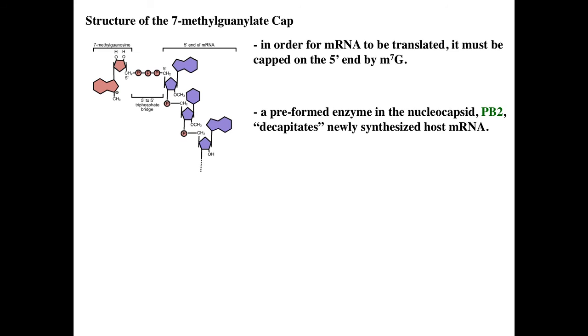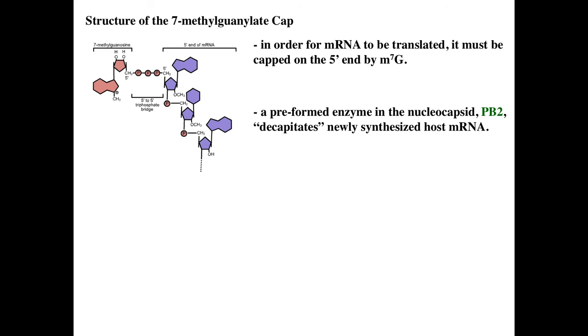So that's great. Viruses want to stop host translation because they don't have to compete with the host machinery to express their own genes. And it prevents the host from mounting an immune response or possibly even apoptosis.